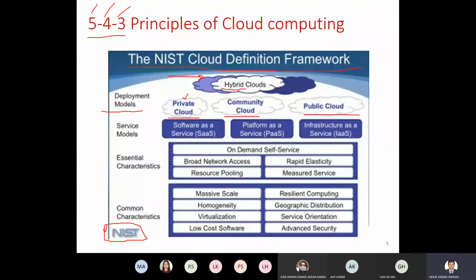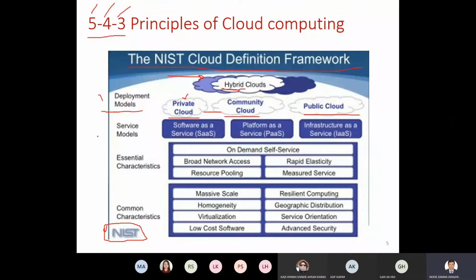The concept is the same as we understand: hybrid means a combination of two or more. So the hybrid cloud may have the characteristics of private cloud and community cloud, or community cloud and public cloud, or public cloud, community cloud, and some things from the private cloud. Could be any possibility.